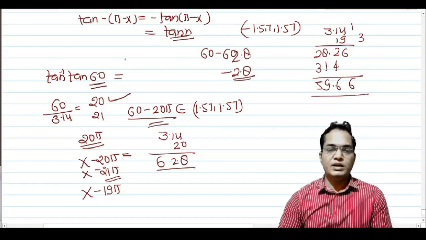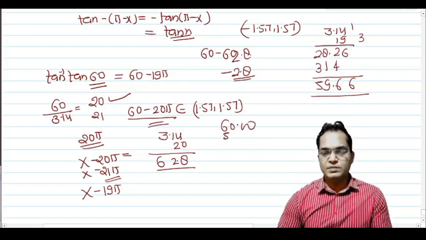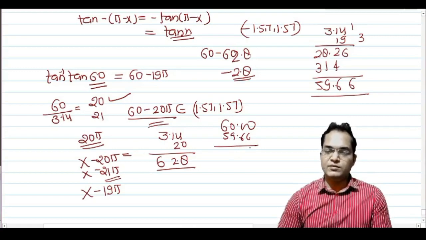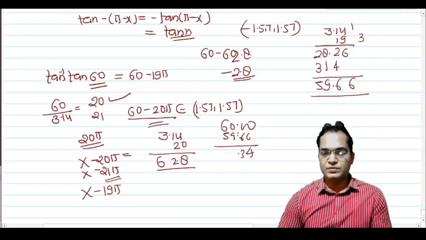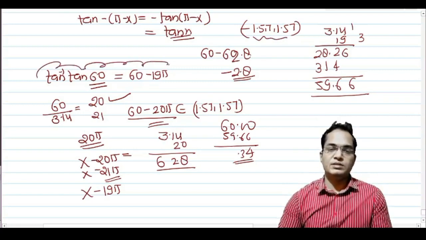Means if we write it like 60 minus 19π, then what happens? It is 60 minus 59.66. Now this difference is 0.34, and this 0.34 lies in this system. That's why the answer of this is 60 minus 19π.